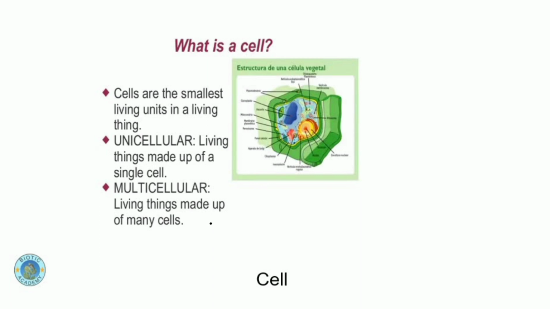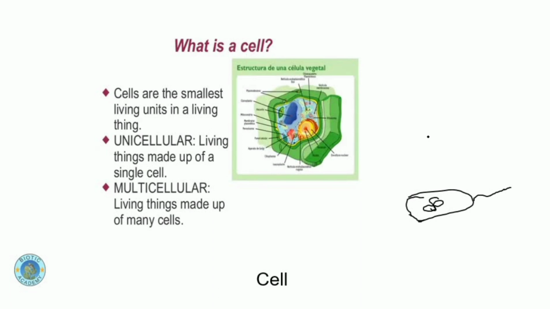But the question arises here: we are saying that unicellular organisms are composed of a single cell, like a bacterial cell, which is very small and we cannot see it with the naked eye. So how are we able to understand the structure of the cell, the internal organelles present within the cell?